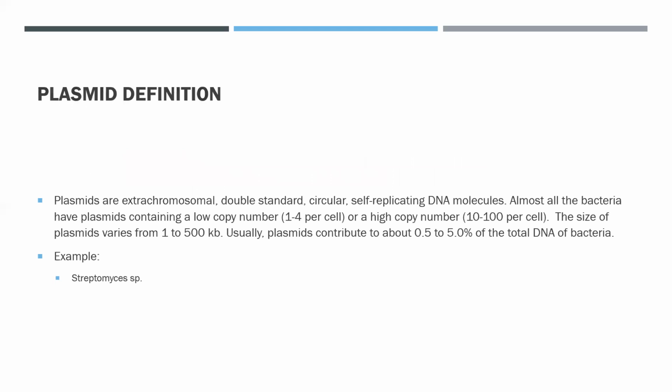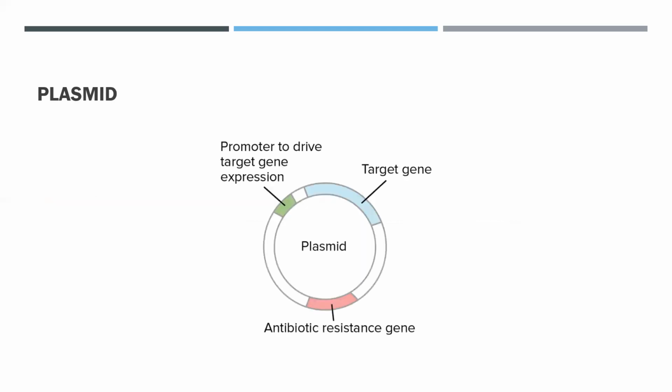Next, plasmids. It is a very important definition. Plasmids are extrachromosomal double-stranded self-replicating DNA molecules. Double-stranded means two-stranded.